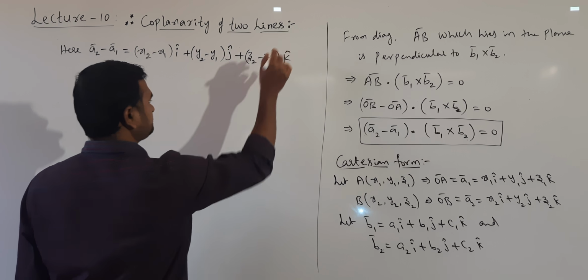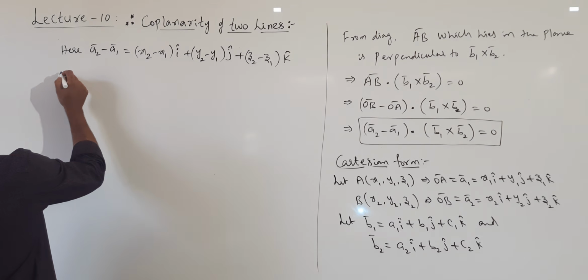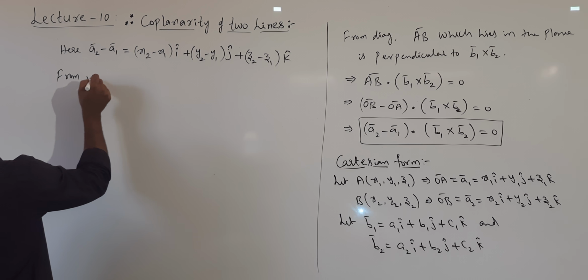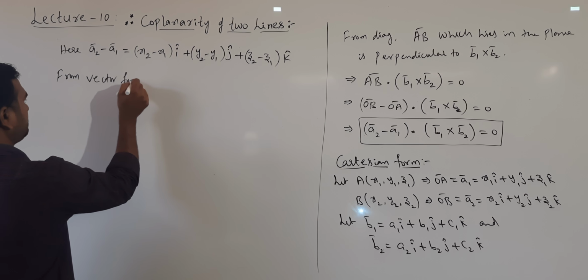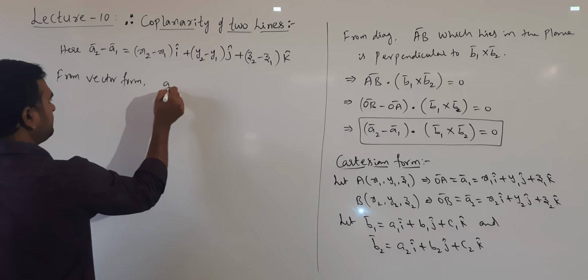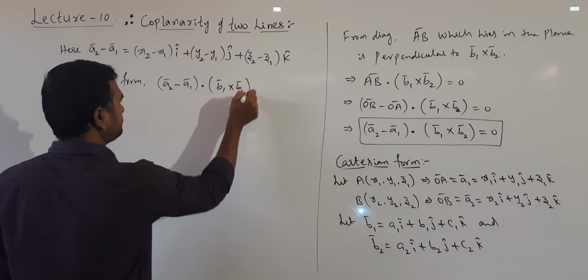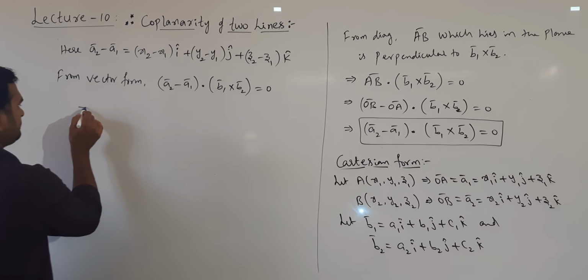So this is A2 minus A1, and we know B1 cross B2. From the vector form, A2 bar minus A1 bar dot B1 cross B2 is equal to 0.